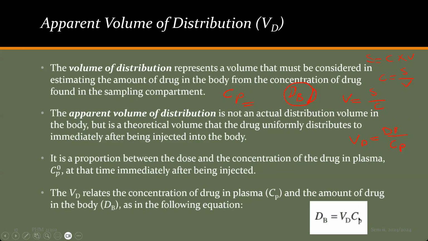When I write it as Cp0, then it should be equal to the dose given by IV bolus divided by volume of distribution, or volume of distribution equals dose divided by Cp0.